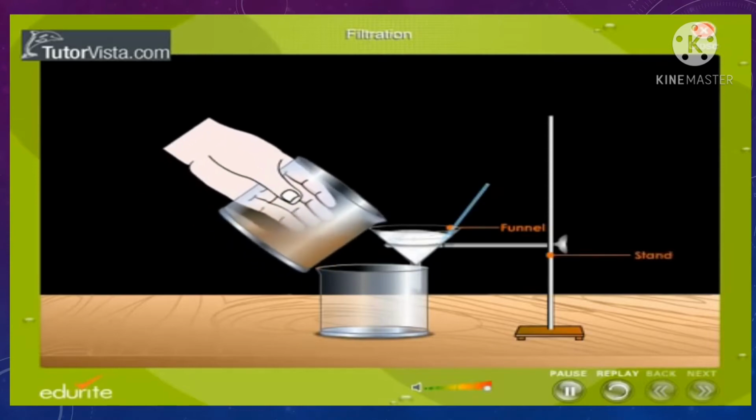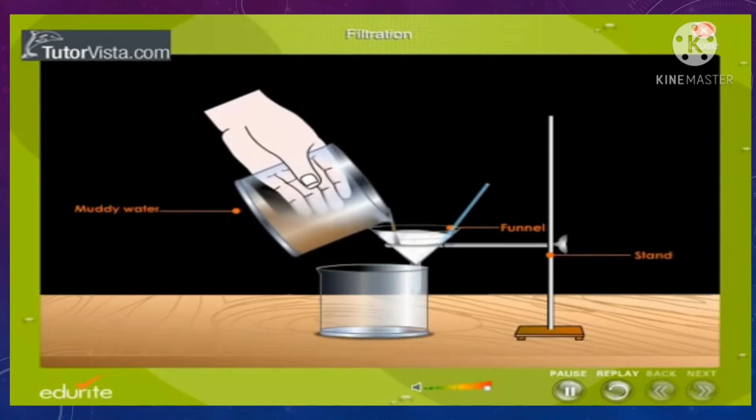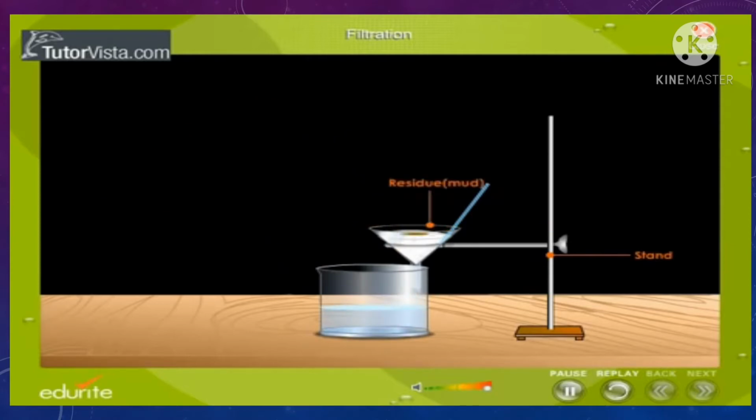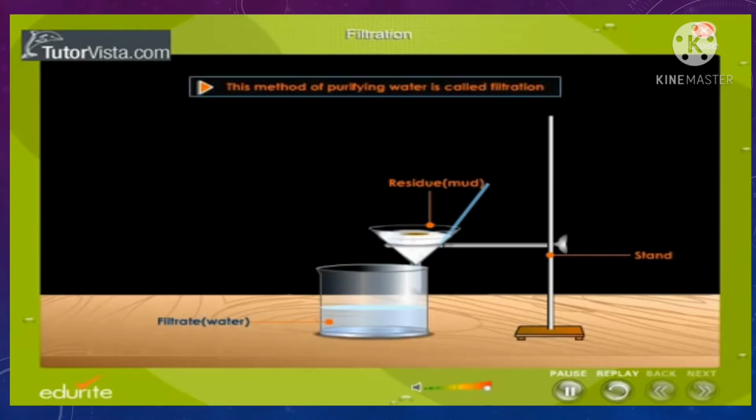Wet its side and keep the filter paper in the funnel. Pour muddy water through the filter paper. Clear water will be collected in the beaker below the funnel. The clear water obtained is called the filtrate. This method of purifying water is called filtration.